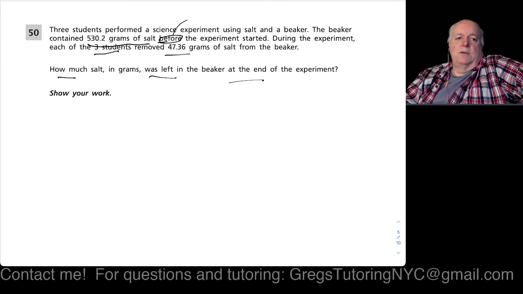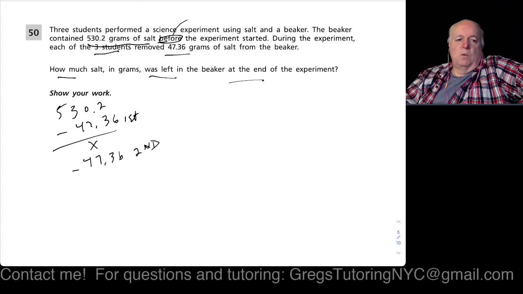Okay, so again, we can do this a couple of ways. We can do 530.2 minus 47.36. Okay, get some number there. Let's call that x. Subtract, that was for the first student. Subtract 47.36 for the second student.